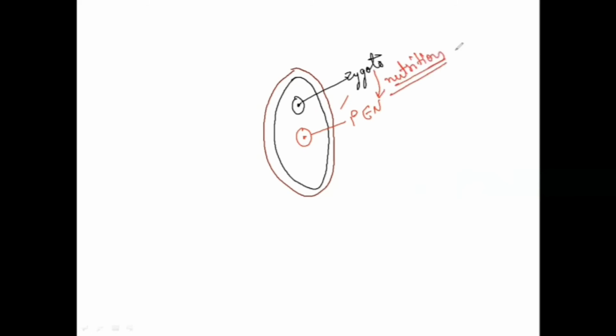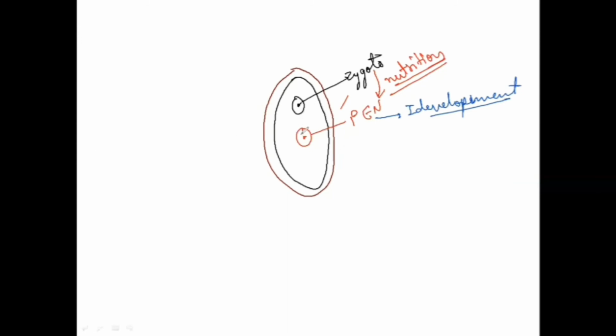primary endosperm nucleus. So, who is going to develop first? The first development takes place of PEN, because when PEN is completely developed, then only the zygote will get the nutrition, right? So what happens?